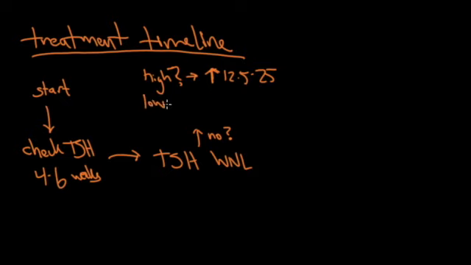If the TSH comes back low, then that means that we maybe need to bump down the dose a little bit. So we're going to decrease, maybe 12.5 to 25 micrograms. So that's what we do if it's not within normal limits. But what do we do if the TSH is within normal limits? That basically means that we're doing a good job.